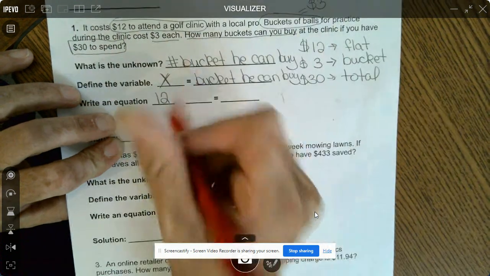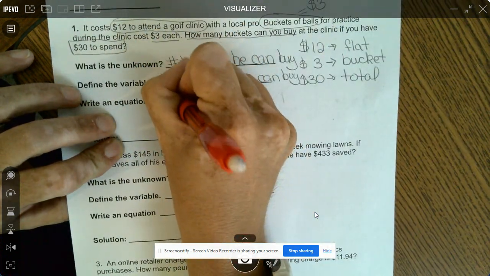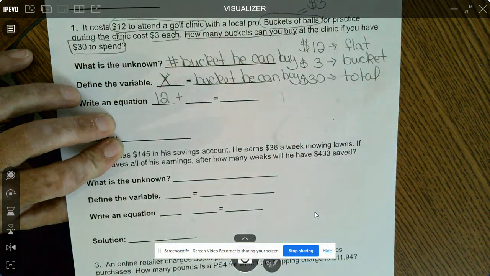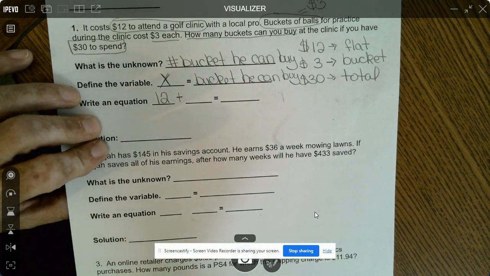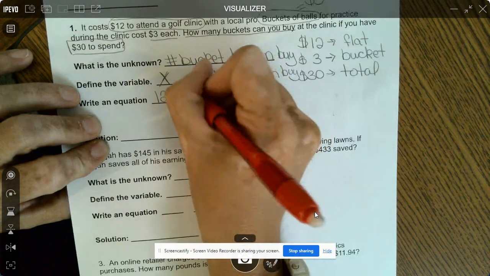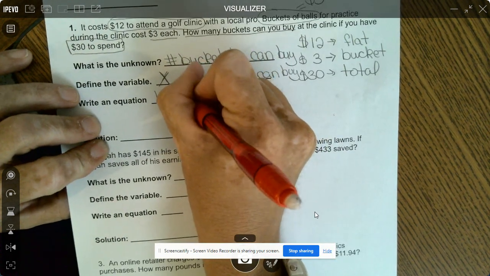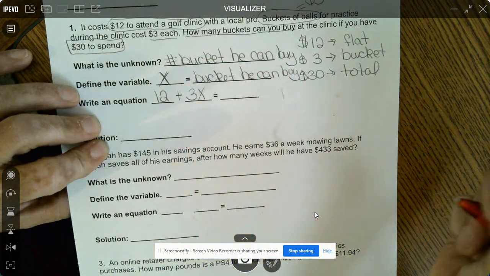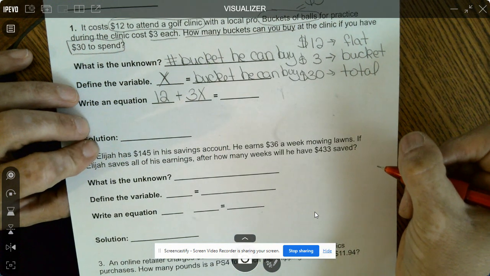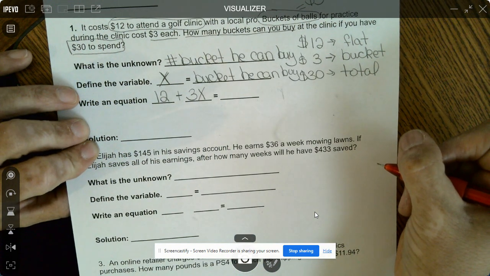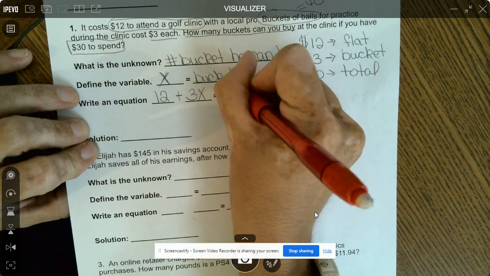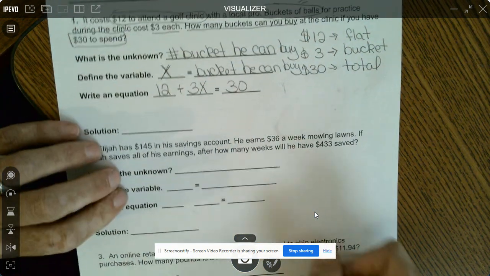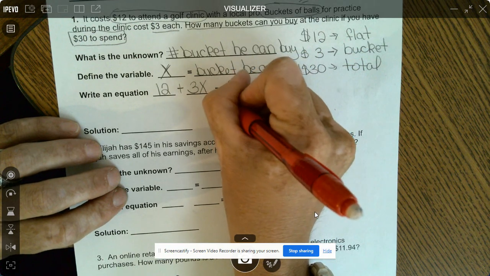And why are you adding to it? And what does the 3 represent? Because that's the total.